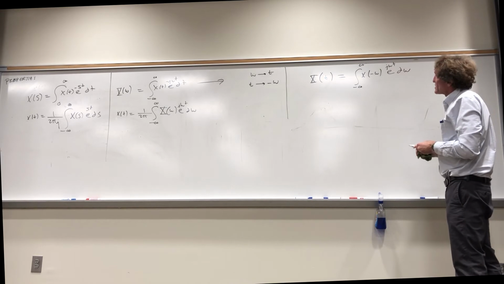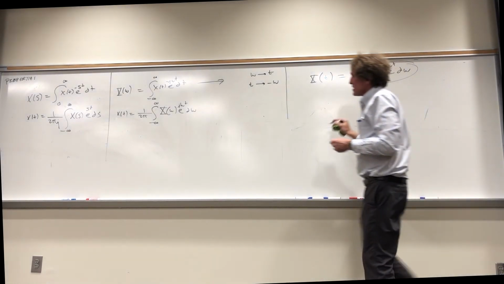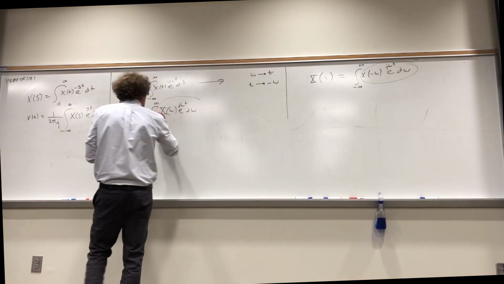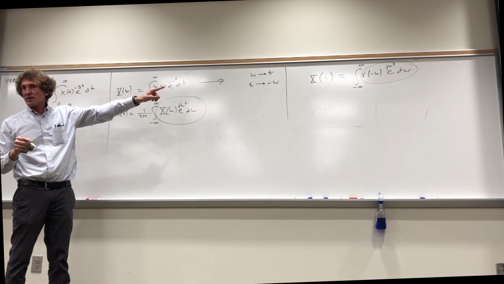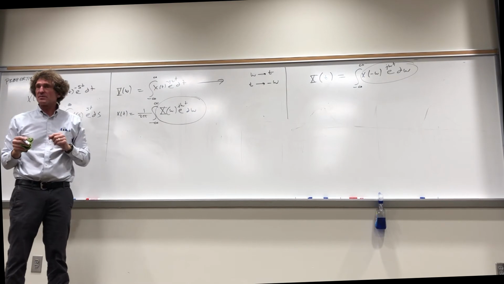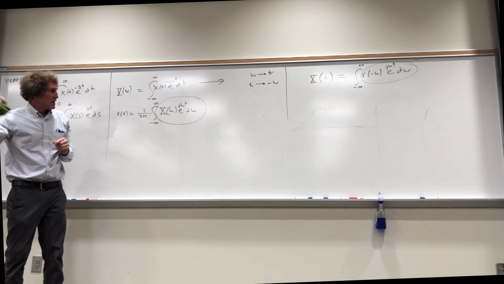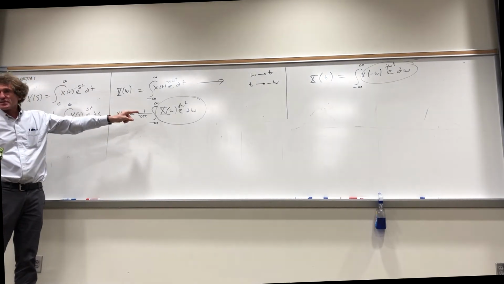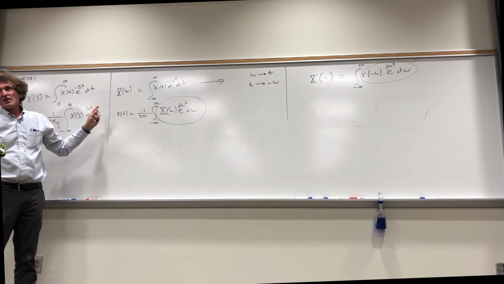Now when I look at this, I notice that this has the exact same form as this. Just take a look at that. There's an e to the j omega t. There's some function of omega it's multiplied by, and the integration is over omega from minus infinity to plus infinity, right? How many see this? Now, what this really is, if you look at it, that is the synthesis. That's the inverse. Take a look at this. This is the inverse Fourier transform.